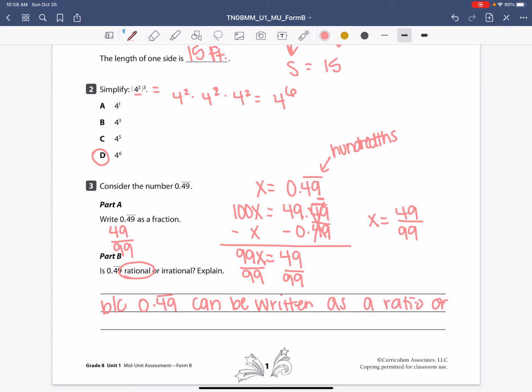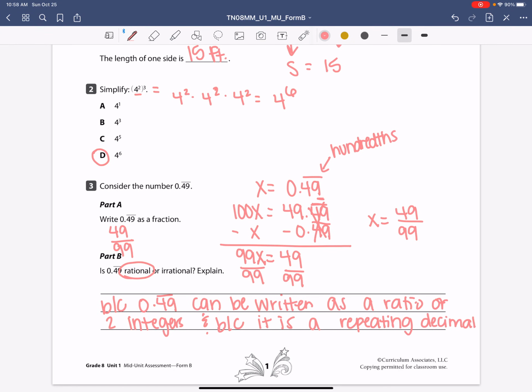And because it is a repeating decimal, we know that we have a way to write repeating decimals as fractions. And that's it for number 3. We'll go ahead and move on to number 4 on the next page.